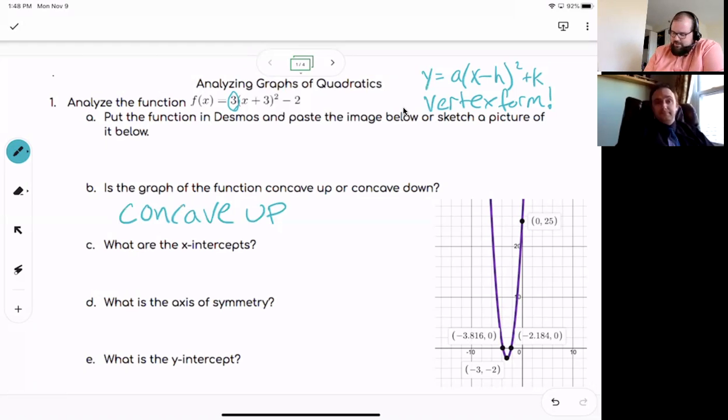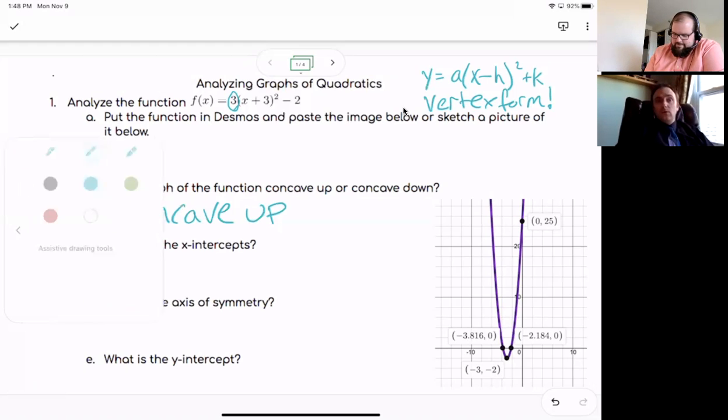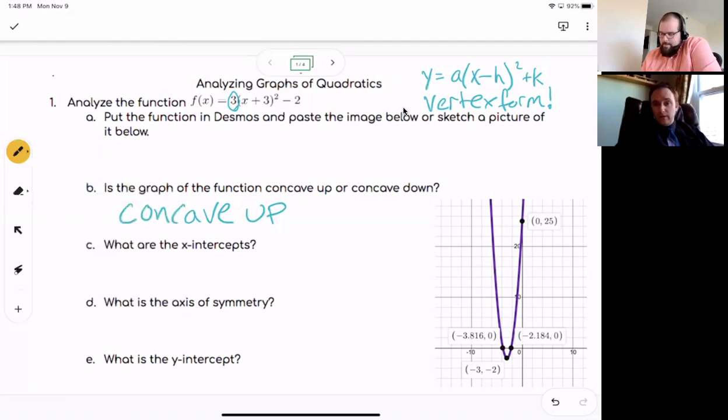How about some X-intercepts here? So the X-intercepts just show up right on the graph there because I clicked on them. That seems like something that X-intercepts would be really useful to do. It would be. And the X-intercepts are points. Now these are approximations, but negative 3.816 comma 0 and negative 2.184 comma 0 are going to be your X-intercepts where we cross the X-axis.